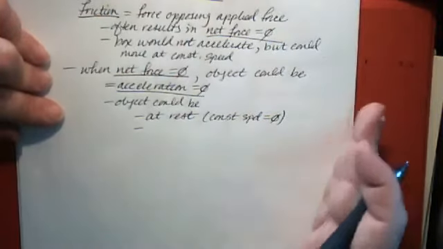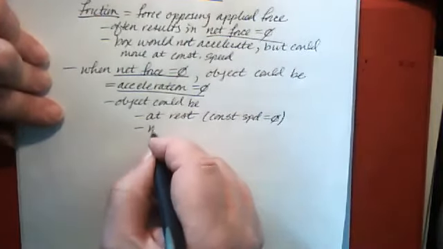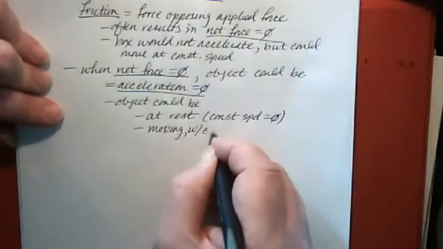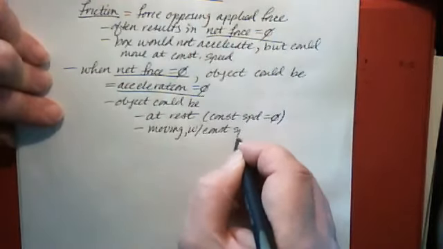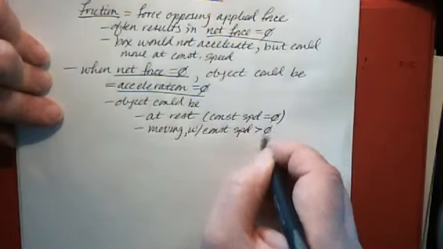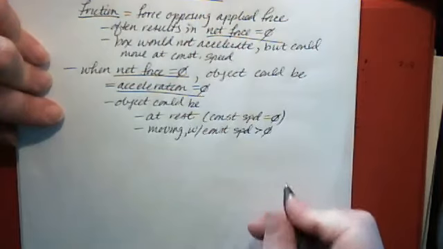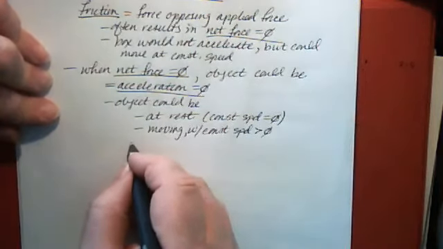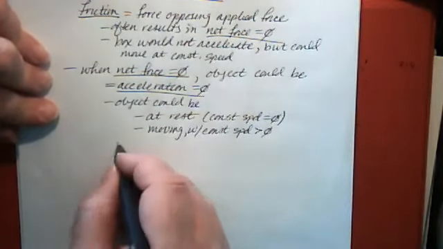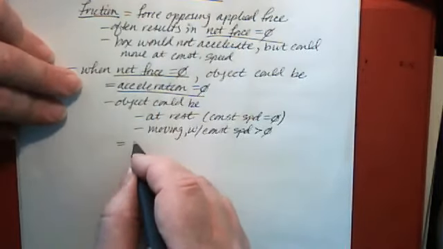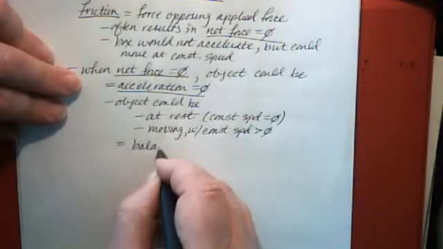Moving with a constant velocity greater than 0. Okay, so this case, when net force is 0, that's known as balanced forces.